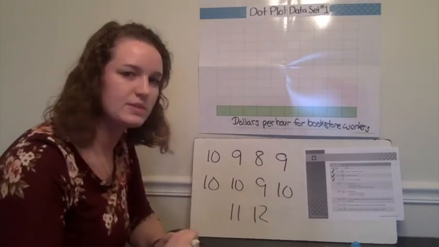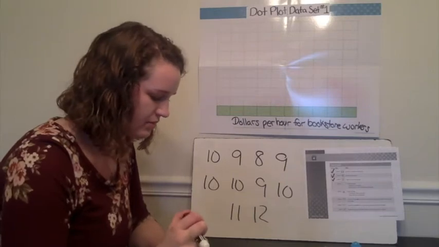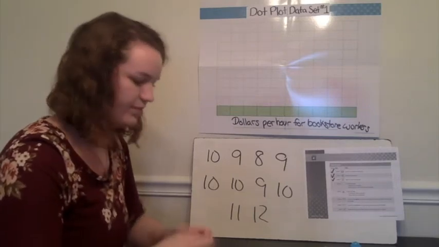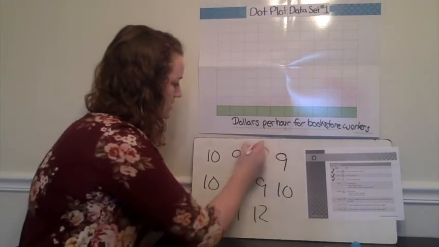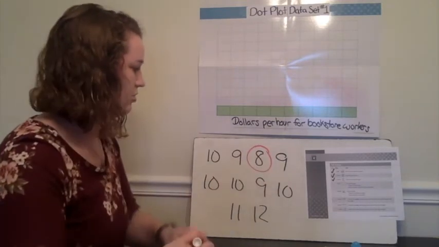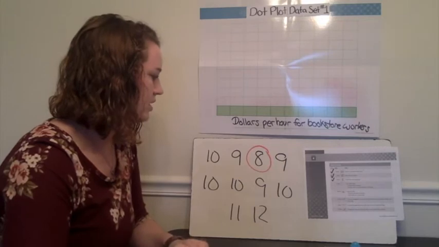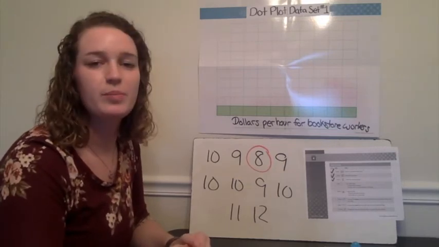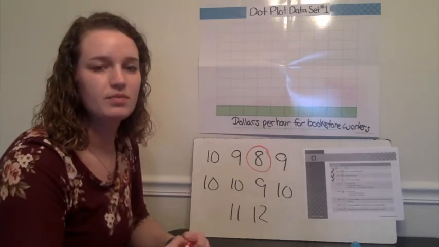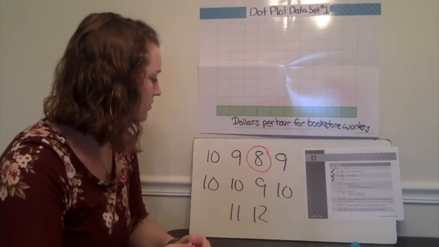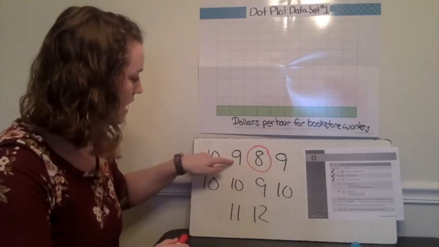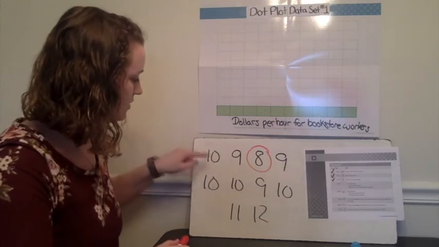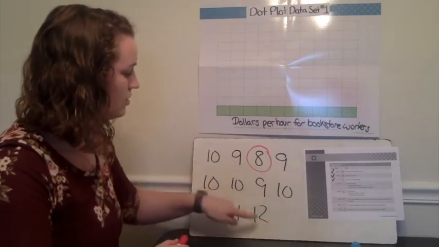Did you guys find the smallest number on there? I think I see it. 8. 8 is the smallest number. What's the biggest number you see? The biggest number. So we have 8, 9, 10, 11, 12.